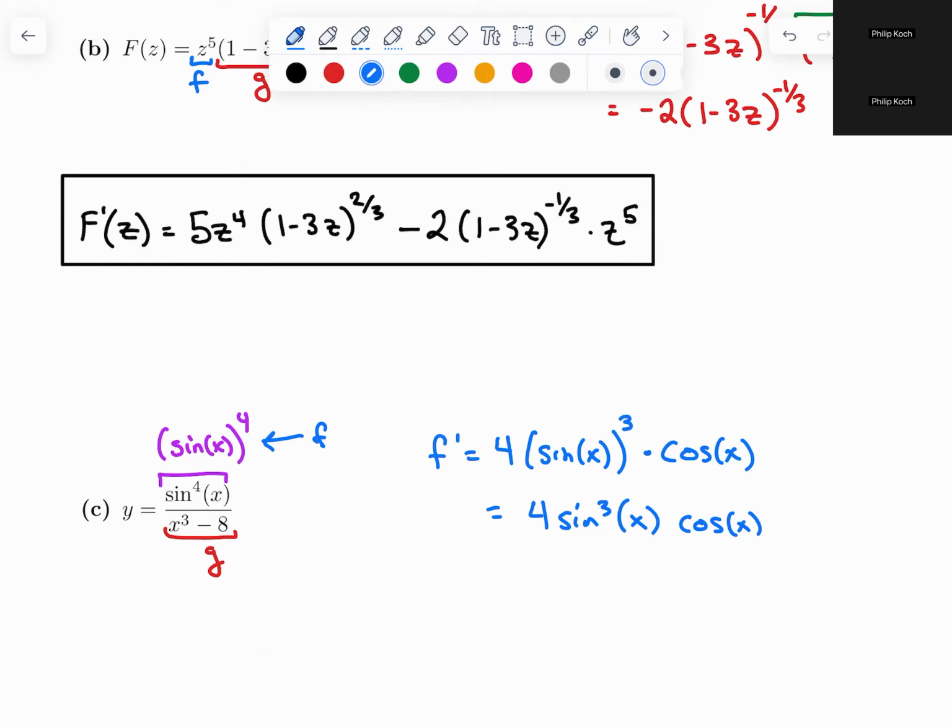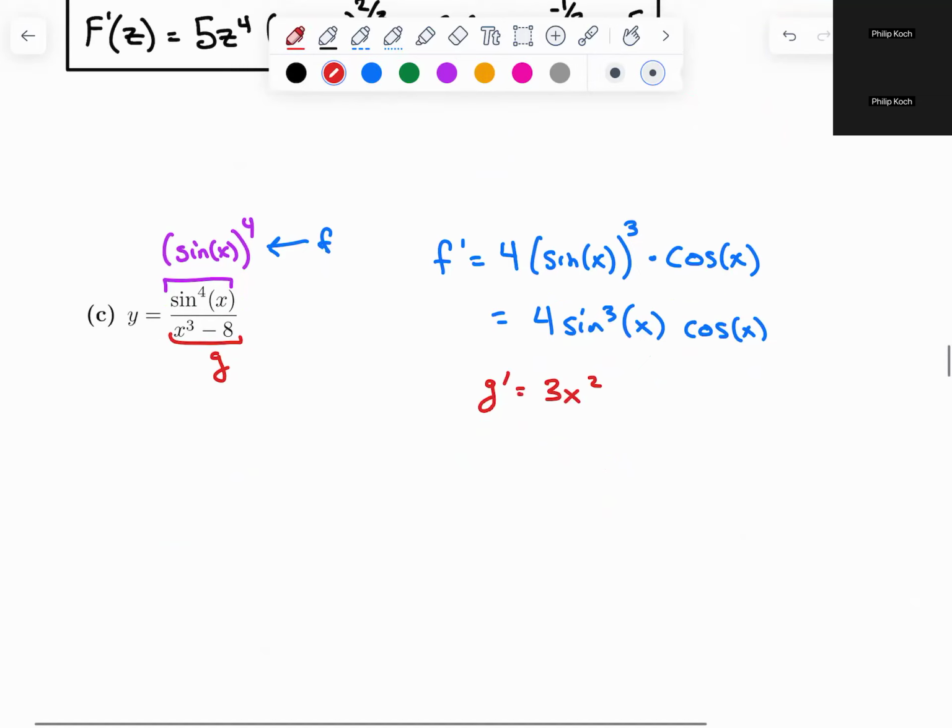So g prime is a quick power rule. g prime is 3x squared. So we have everything we need. Let's use Leibniz's notation, dy dx, because it doesn't matter. They all mean the same thing.